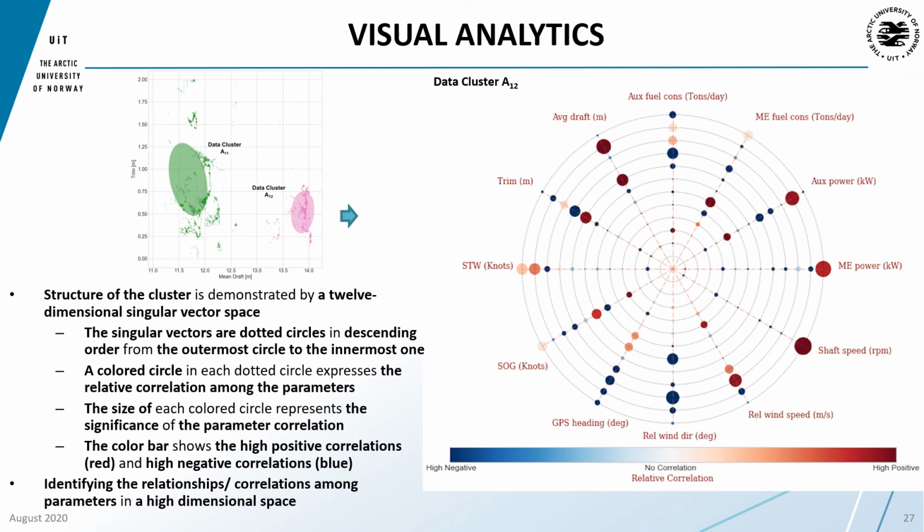A colored circle in each dotted circle expresses the relative correlation among the parameters. The size of each colored circle represents the significance of the parameter correlation. The color bar shows the high positive correlation in red and high negative correlation in blue. So the whole idea for visual analytics is to identify the relationships or correlations among parameters in a high-dimensional space.